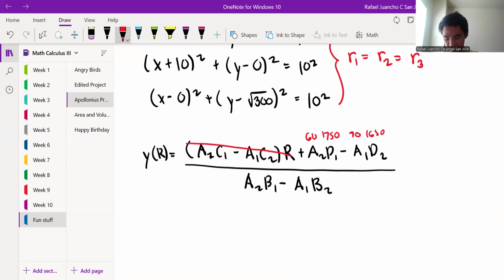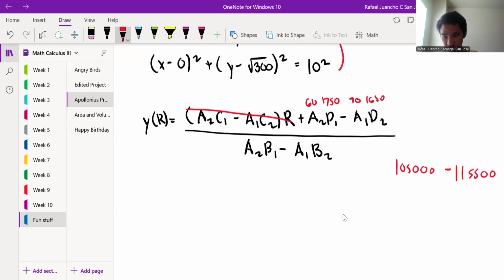This is 60 times 1750, 105,000, minus 70 times 1650, 115500. Then from there, I get a value, 9350. So here I get that, right?